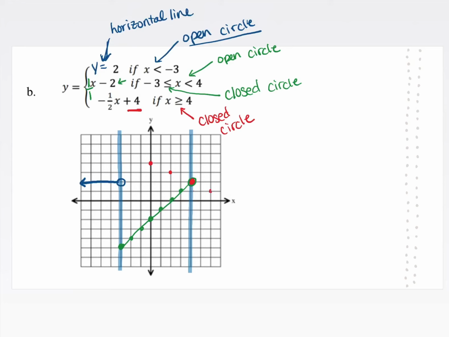Down 1 to the right 2. And we only need to draw our line from +4 over to the right. So these other points that we plotted, we don't need them. All done. So you can erase those. And then if we take away our boundary lines, here we go. Here's our piecewise function.